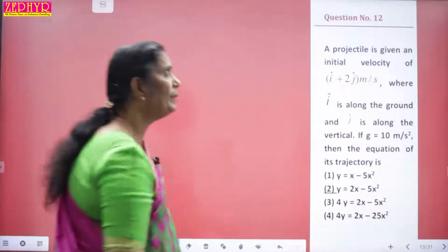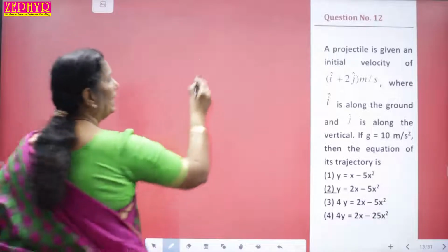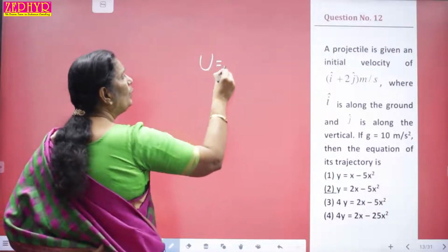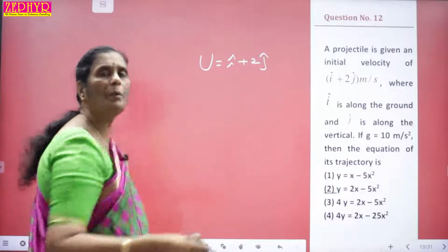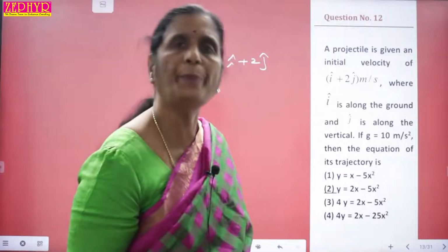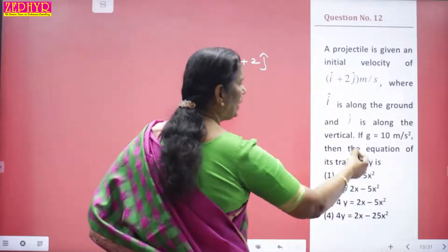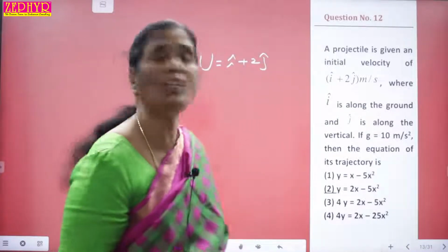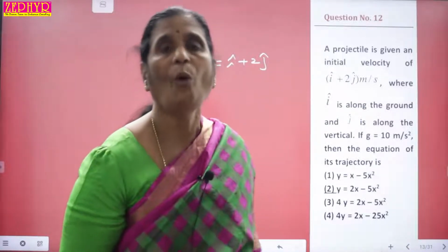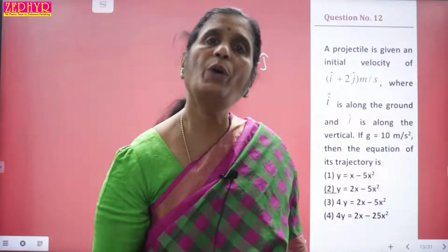Next question is again, a projectile is given an initial velocity, again initial velocity u is equal to i cap plus 2j cap. In which form is it given? ux i cap plus uy j cap. They want to know the equation of the trajectory: y is equal to x tan theta minus half g x square by u square cos square theta.